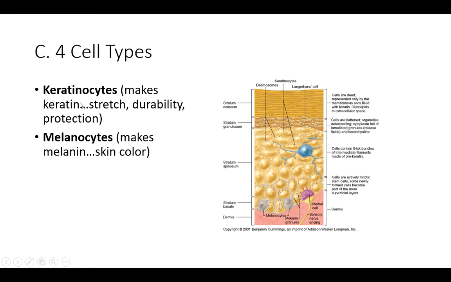So keep in mind, you'll see keratinocyte, melanocyte, anything that ends in cyte is a cell. The keratinocyte is the cell that makes keratin. The melanocyte is the cell that makes melanin. Don't get these words confused. If it ends in cyte, it is a cell.